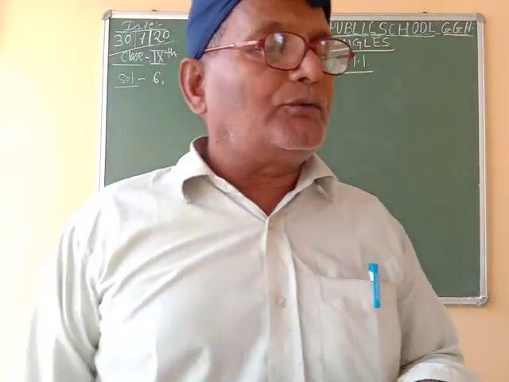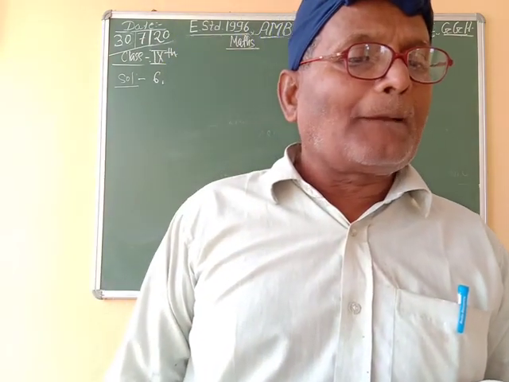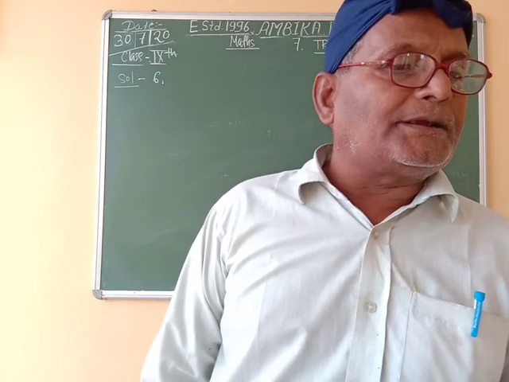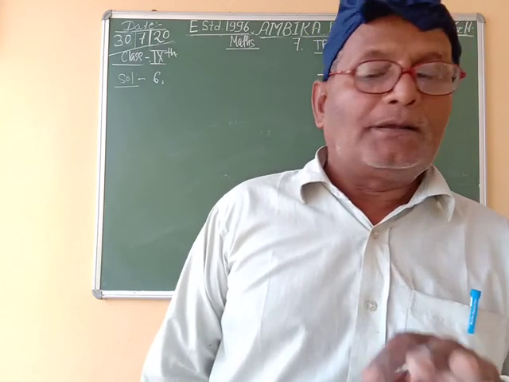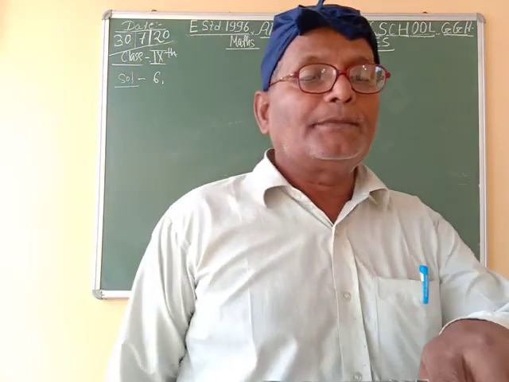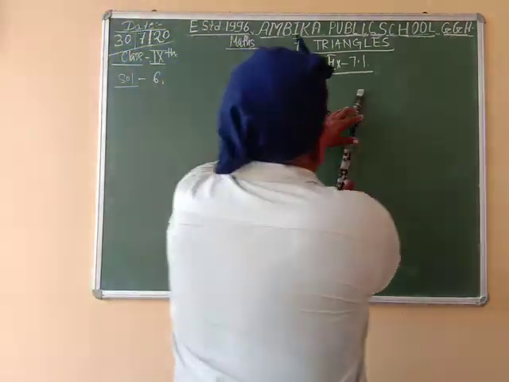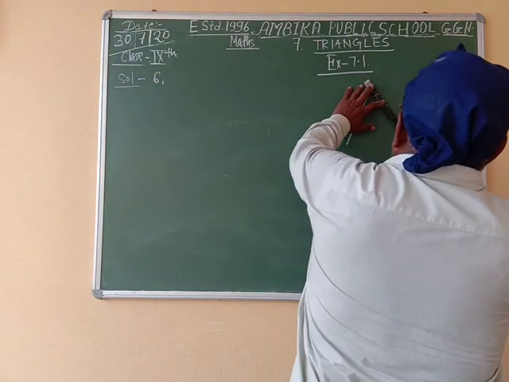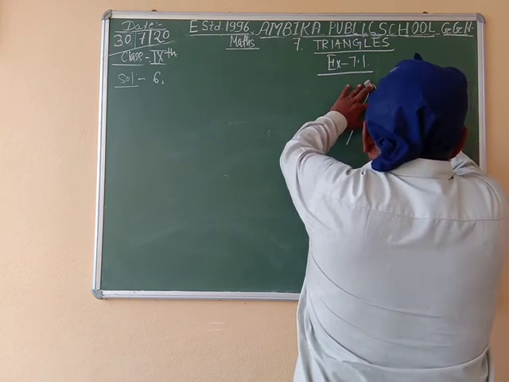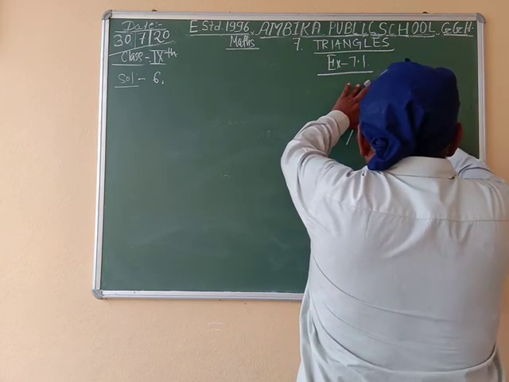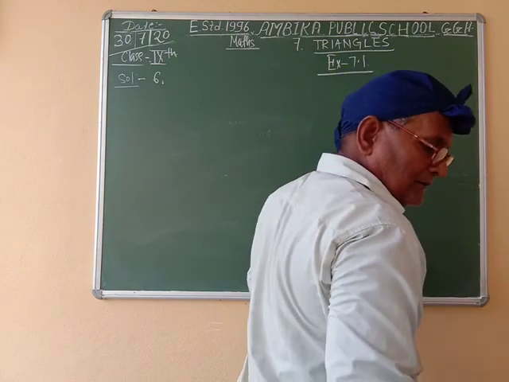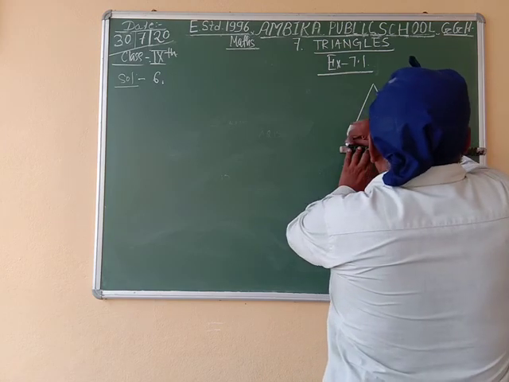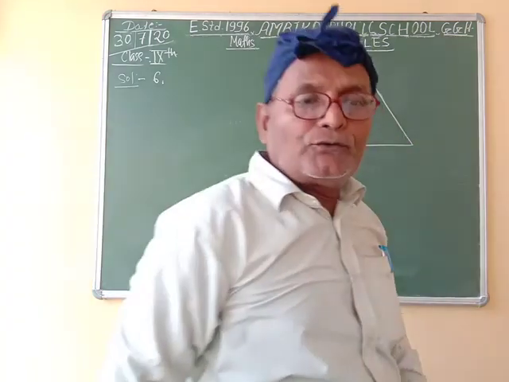In figure 7.21, AC is equal to AE, AB is equal to AD, and angle BAD is equal to angle EAC, so that BC is equal to DE. First of all, we draw figure 7.21.